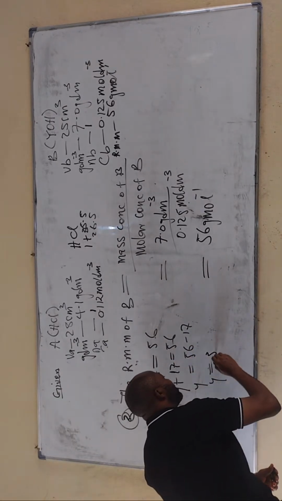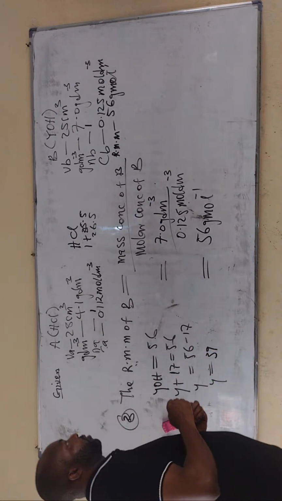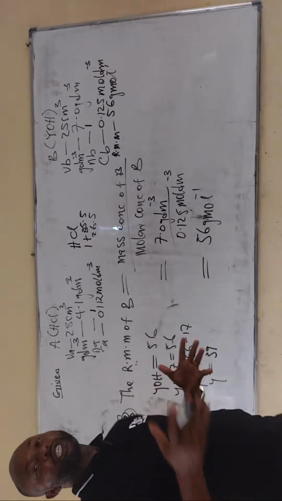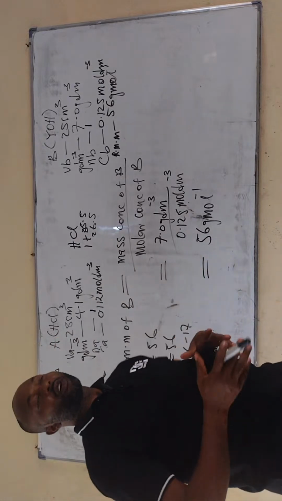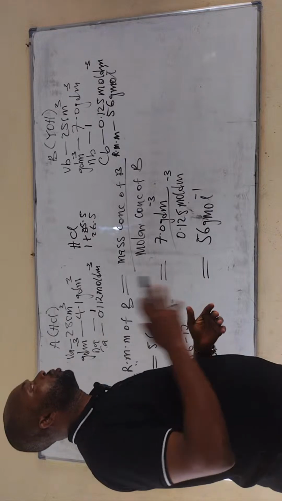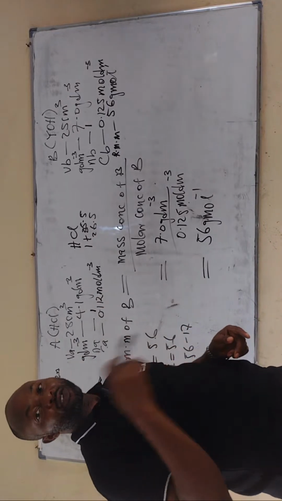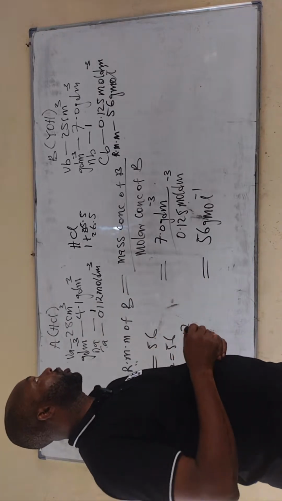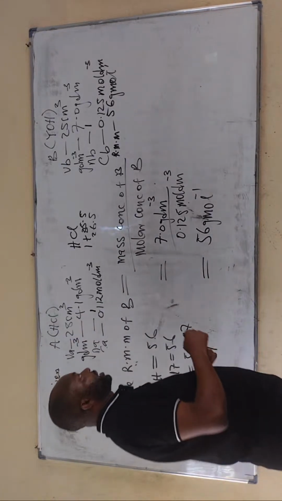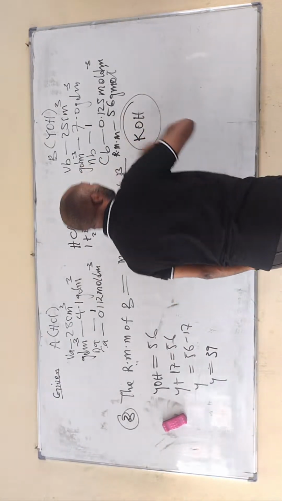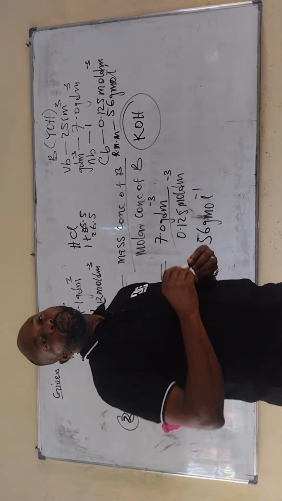My Y is 39. Now, if possible, name the element. What element in the periodic table has a relative atomic mass of 39? We have potassium with atomic number 19, mass number 39. Calcium has mass number 40. Therefore, if potassium is 39, I can easily say this is KOH. This becomes the compound, and the element is potassium.